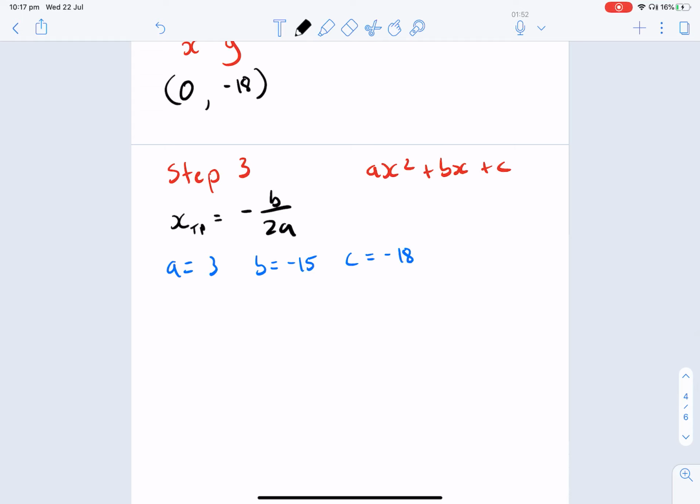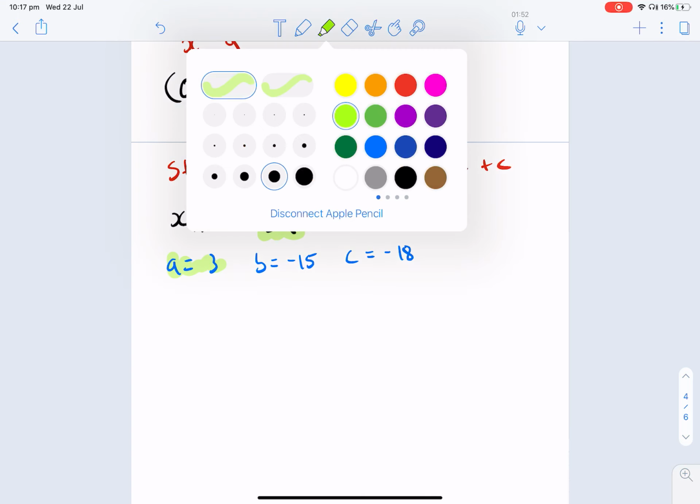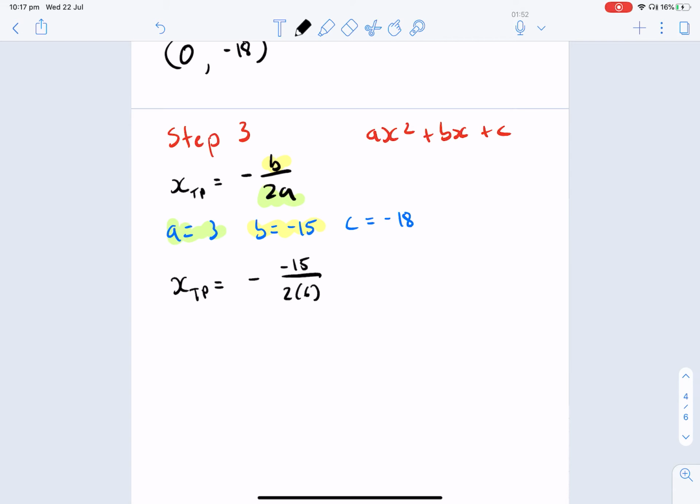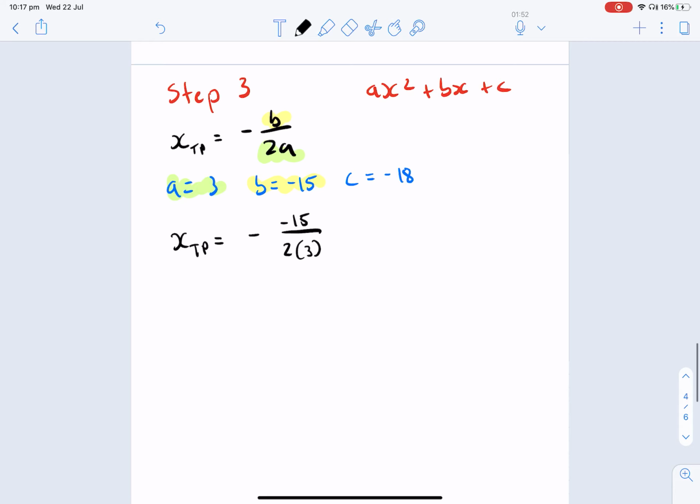So in this formula, we just sub these values in again. We have our a value, that goes in there. We have our b value, that goes up there. So we have the x of our turning point equals negative 15 over 2 lots of 6. Sorry, skipped ahead of there. 2 lots of 3. So our x turning point equals negative 15 over 6.